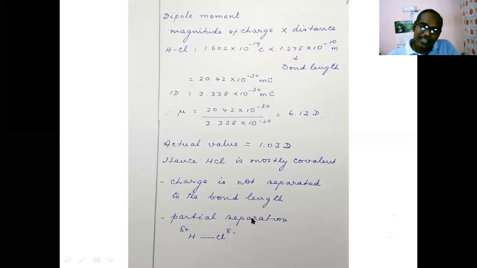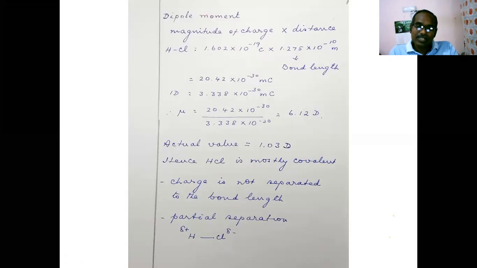Therefore, they are existing in a bond. They are connected, but at the same time, they are not of zero charge. A partial positive charge is imputed on hydrogen and a partial negative charge on chlorine. Therefore, the hydrogen chloride molecule is mostly covalent and less ionic.